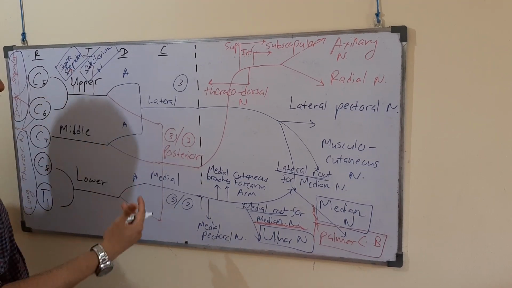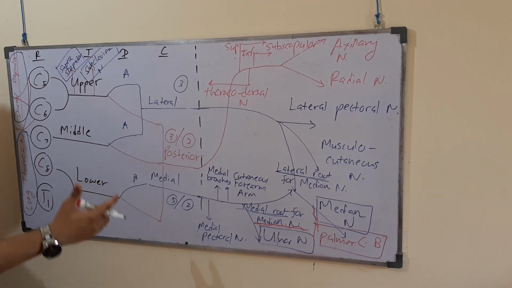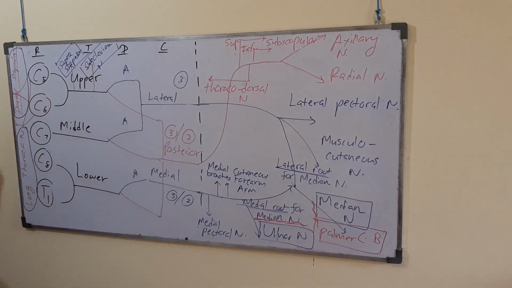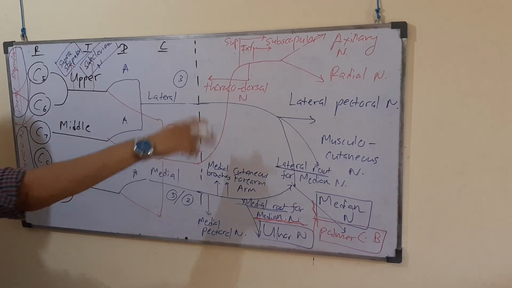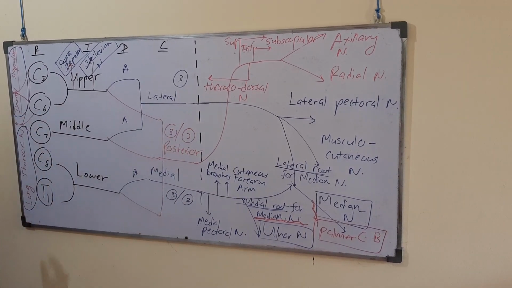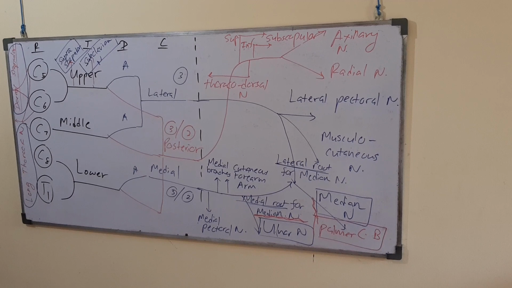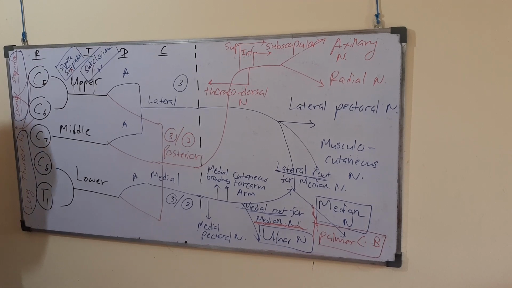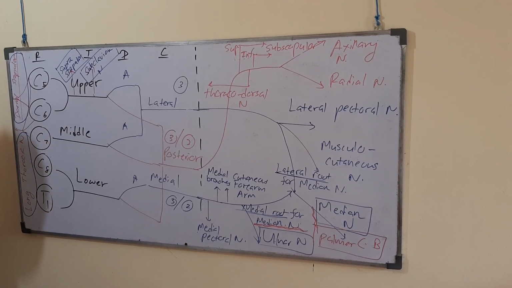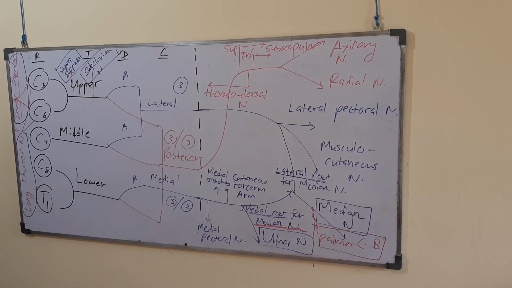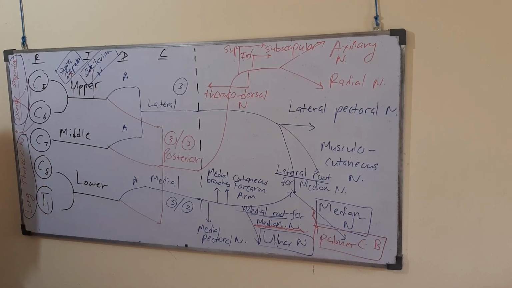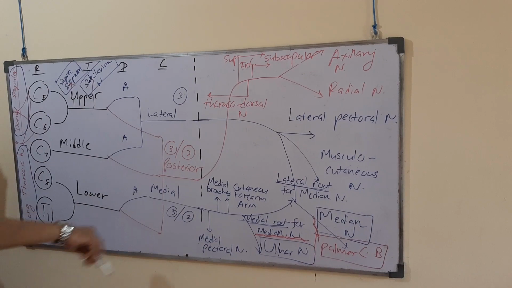In the next video, I will be discussing the muscles in detail, how they are innervated by these nerve branches, because each and every nerve branch here innervates the upper limb, right? So in the second video, I will be discussing those muscles in detail and their action, their innervation, their insertion, and everything completely, right? So this is the first part of this topic.